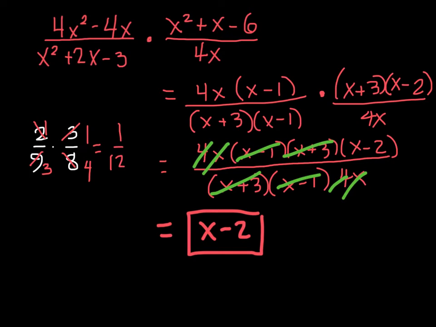So I could follow that same rule and cancel the 4 in this fraction over the 4 in that fraction, crossing off the common factors in the numerators and the denominators. So I still would end up with x minus 2. If you want to multiply across the top and get it in one numerator, and multiply across the denominator and get it in one denominator, you can do that. But you can also cross off common factors right from here.